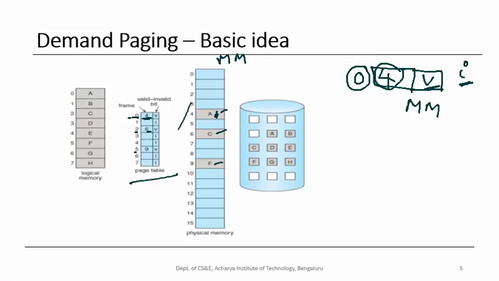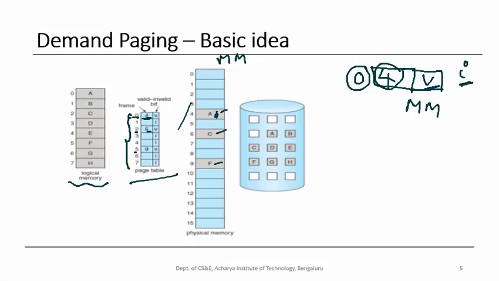Only for these pages the valid or invalid bit is made valid, and for other pages the bits are made invalid. It means that these are the pages corresponding to a process.